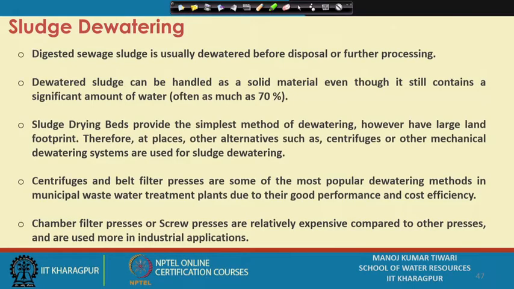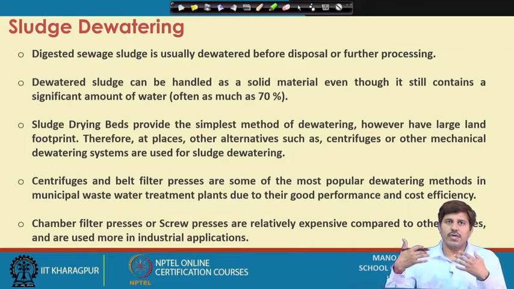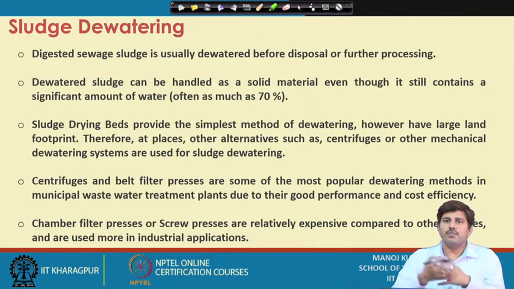Through the dewatering process the sludge can be converted to solid material, although there will still be a significant amount of water content, which could be as high as 70%. Generally, the dewatered sludge has a solid content typically in the range of 30%. At times, if our dewatering technique is quite good, we can get up to 40% solid content.